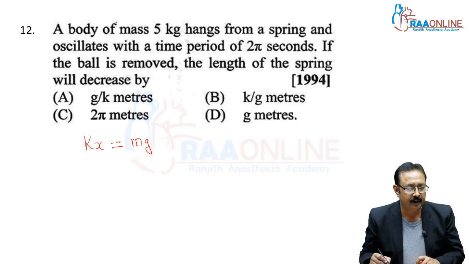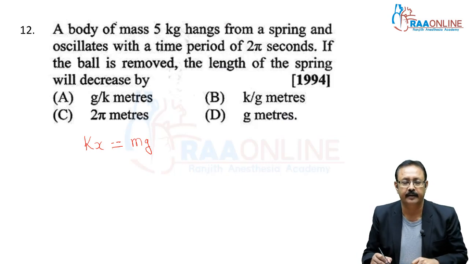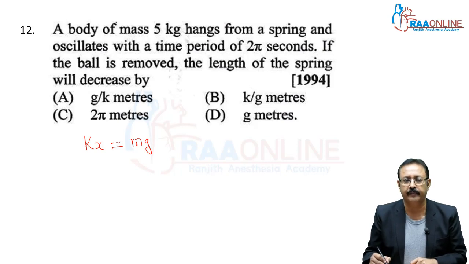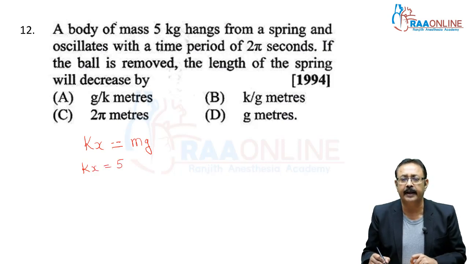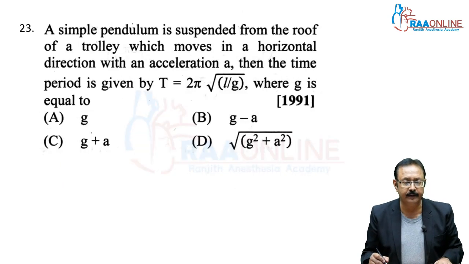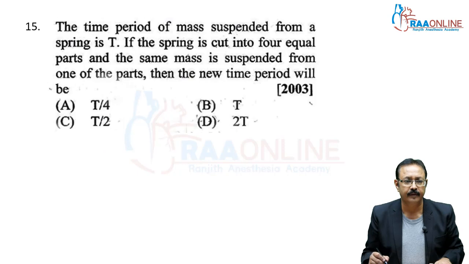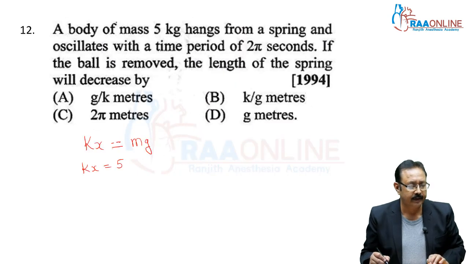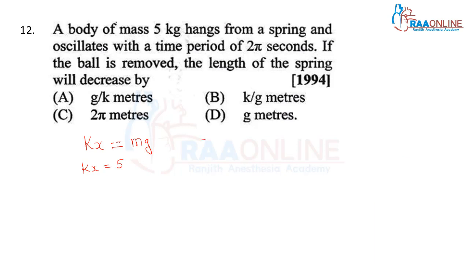So, in this way, you can easily get this. What is given in this? Mass is 5 kg, with a time period of 2 pi seconds. We know that T is equals to 2 pi root over m by k.